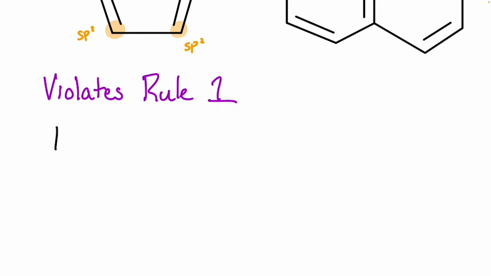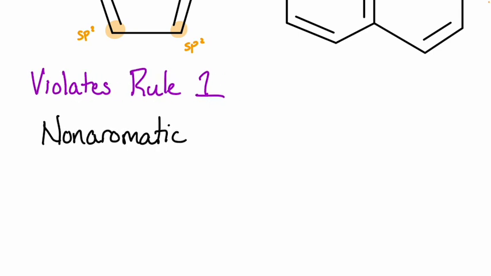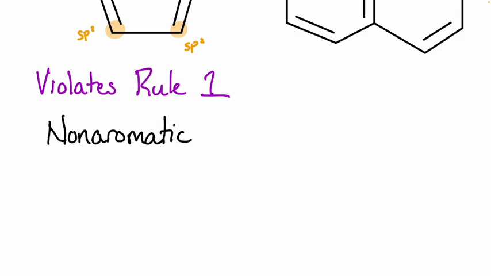These are simply non-aromatic. All right? If it violates rule 1, I'm not even going to bother to go on to rule 2, right? I'm just going to throw it in that non-aromatic bucket.